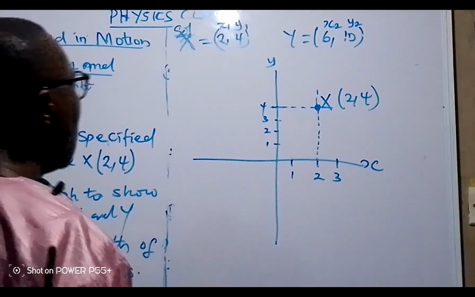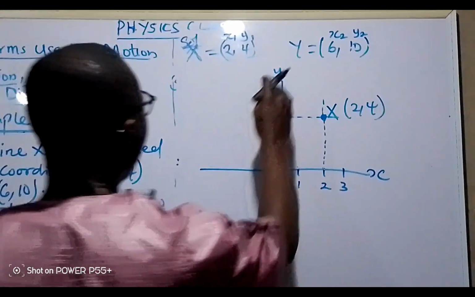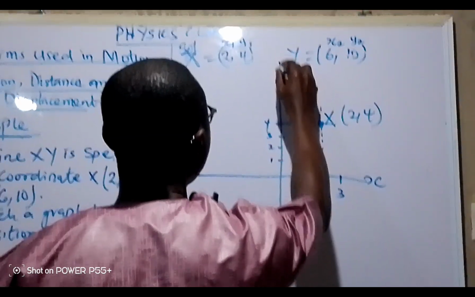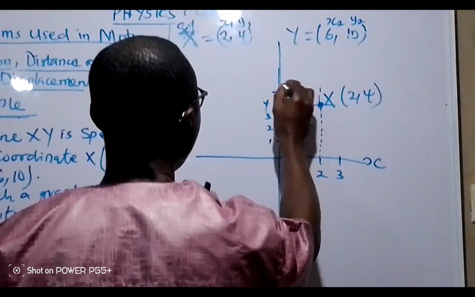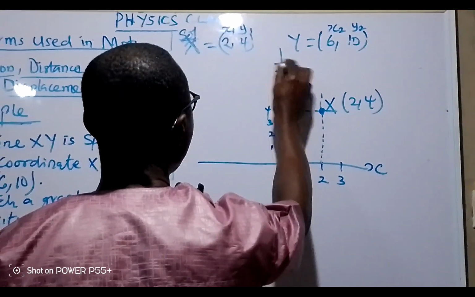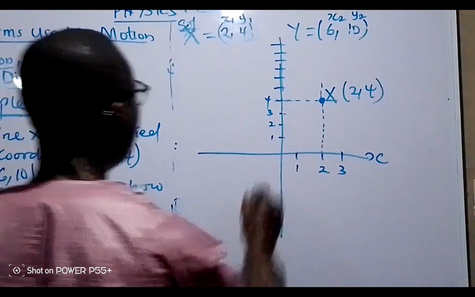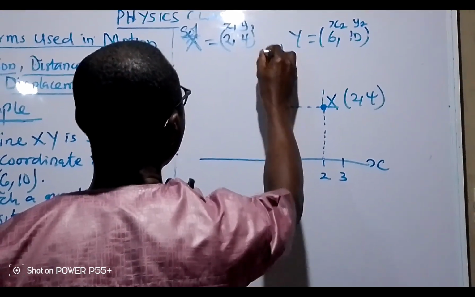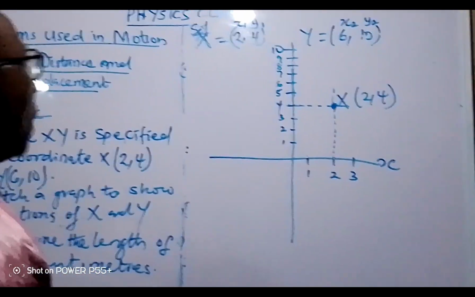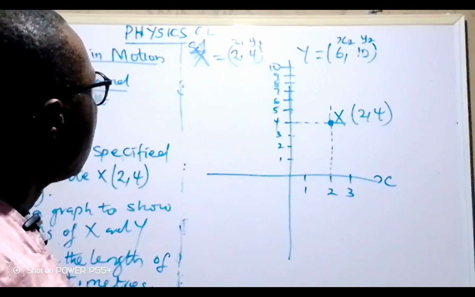Now for Y, let's extend this one: 5, 6, 7, 8, 9, 10, because y2 is 10 and x2 is 6.